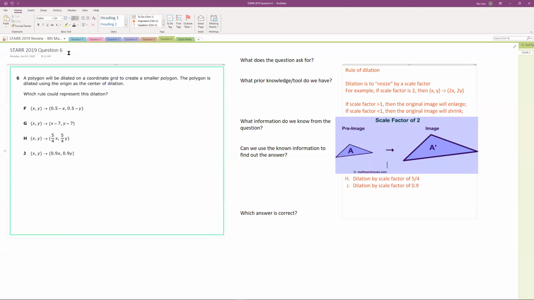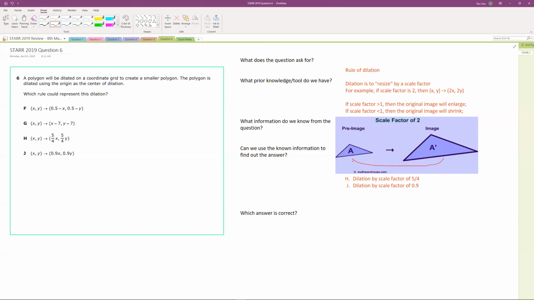So if we take a look at this example backward, from A prime to A, it's a dilation by a scale factor of 1/2. So A prime, after dilation by a scale factor of 1/2, will become A. So if the scale factor is smaller than 1, it will shrink. If it is greater than 1, the image will enlarge. That's a property of dilation.